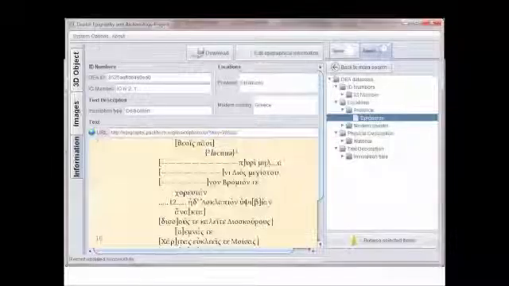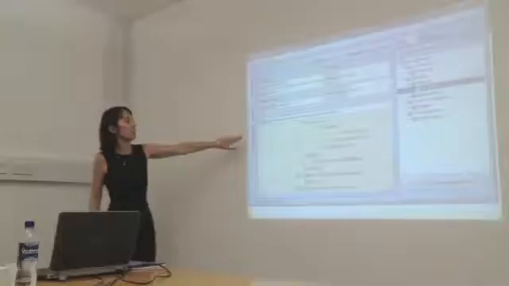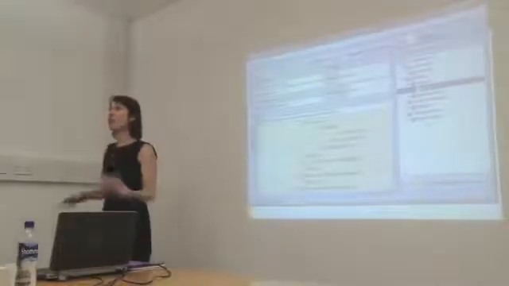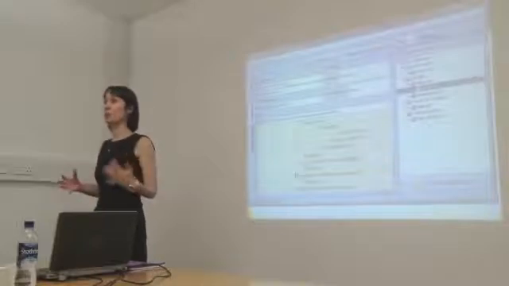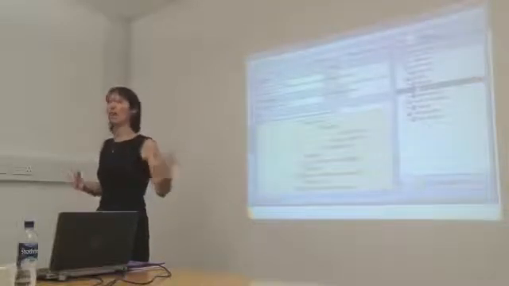About the information, this is how the input, the edit epigraphical information page looks like. Inscription type, province, modern country. In the information box here, you can get any information about that inscription that exists online, even if it is on another website.